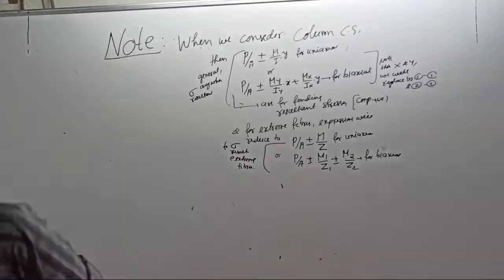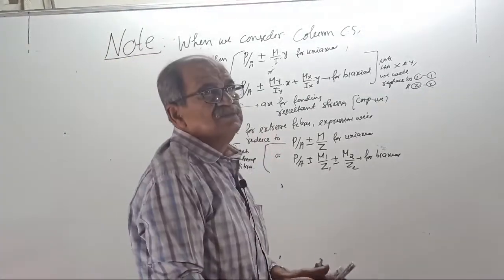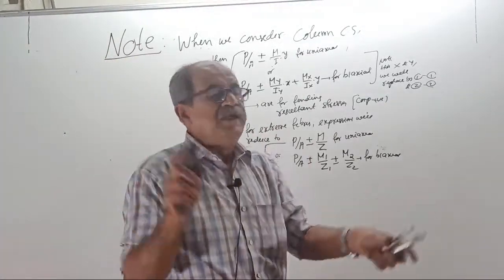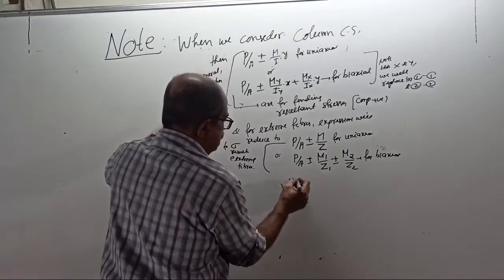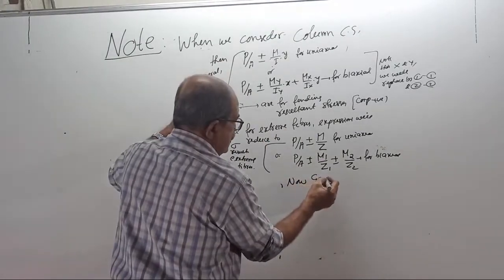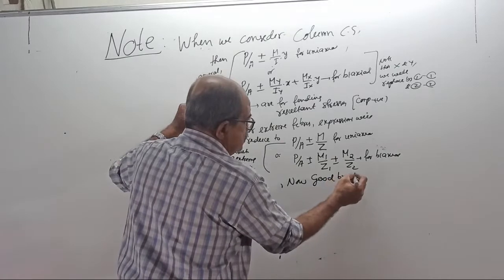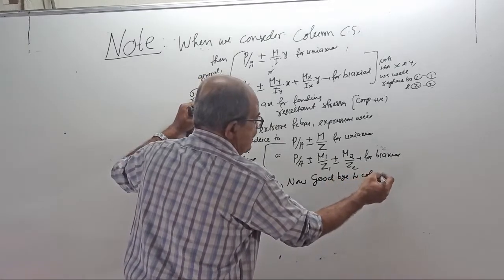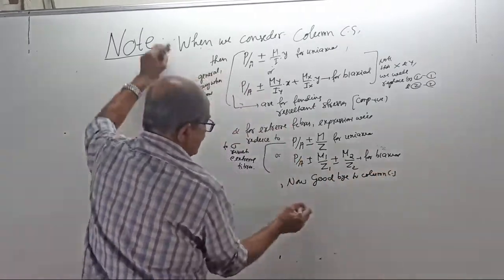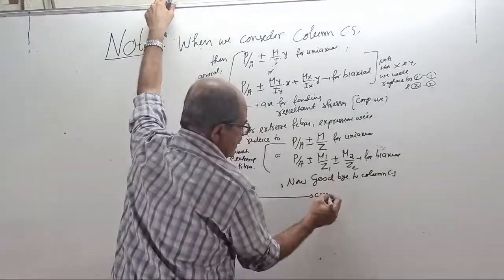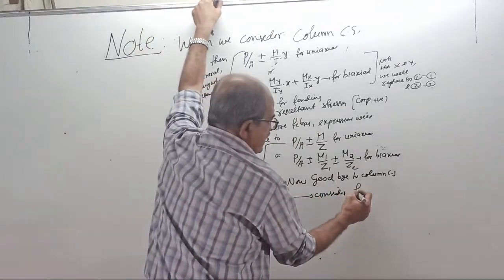Okay, start. Now, this is for column. Now we will say goodbye to column cross section. Consider footing.